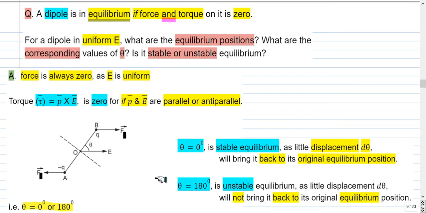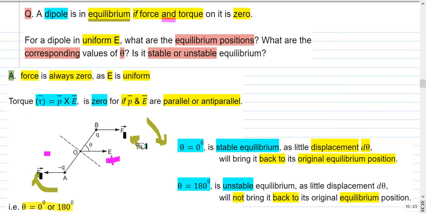At theta equal to 0, the positive charge plus Q will be here on the dipole and minus Q will be here. In that case, if we try to give a small perturbation or a rotation in this anti-clockwise direction, there will be a torque acting on this dipole in the clockwise direction because of this force, and this minus q also experiences a torque in the clockwise direction.